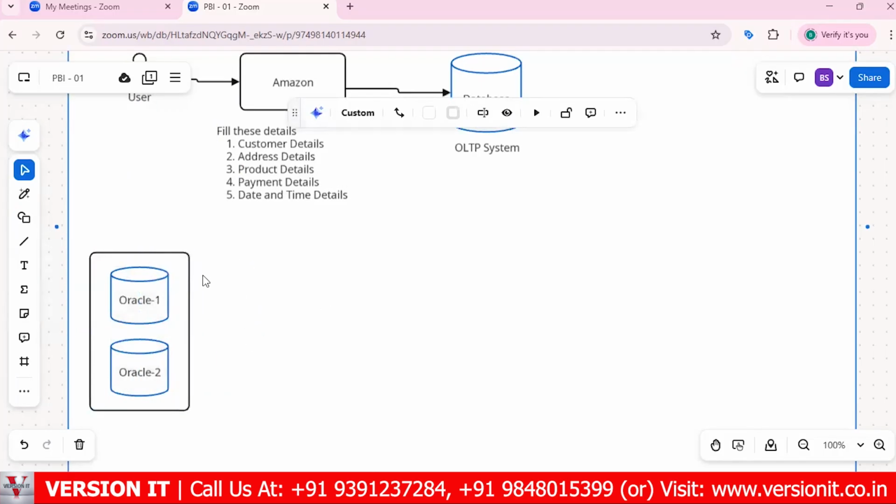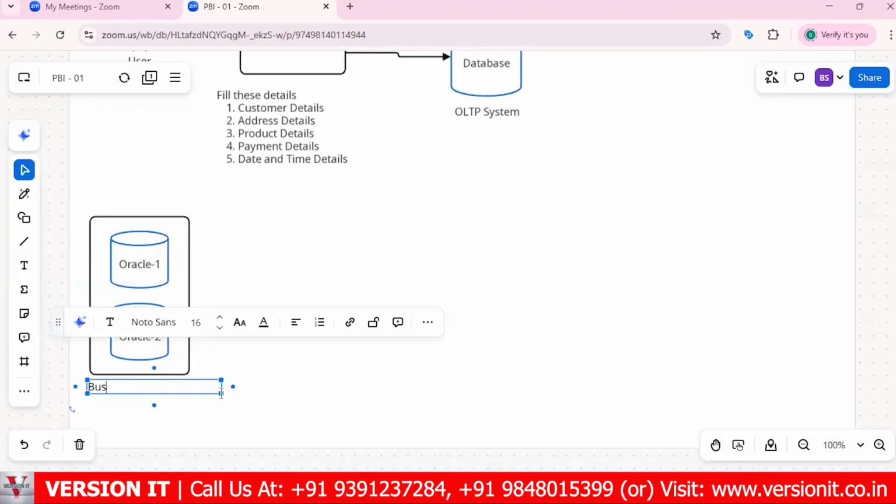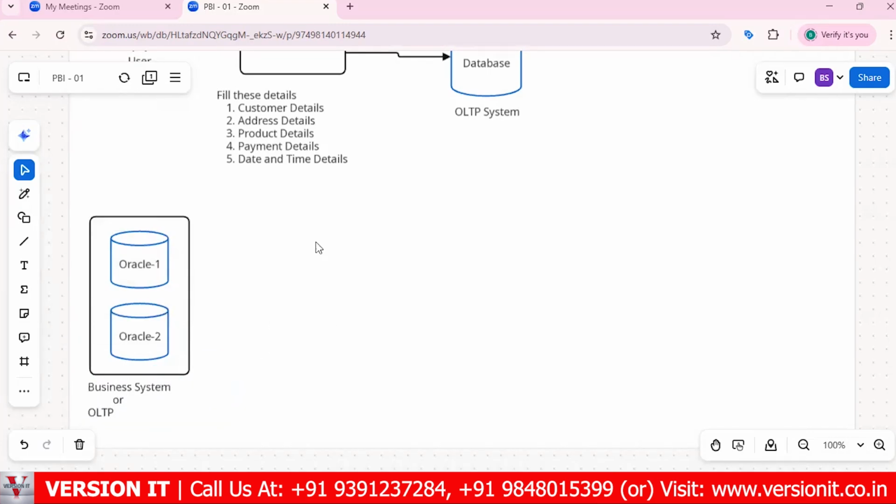This particular server or system, as I said, we are going to call a business system, or we can also call it an OLTP system, online transactional processing system.